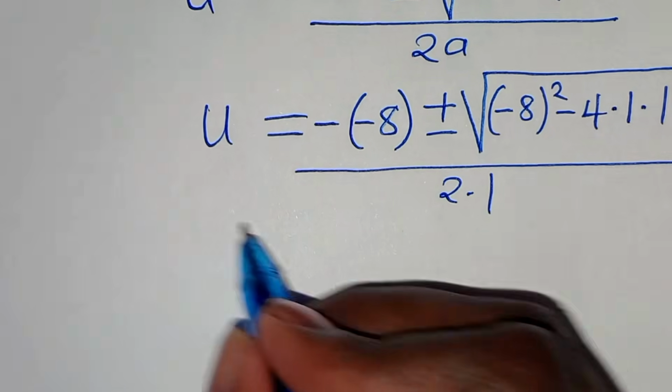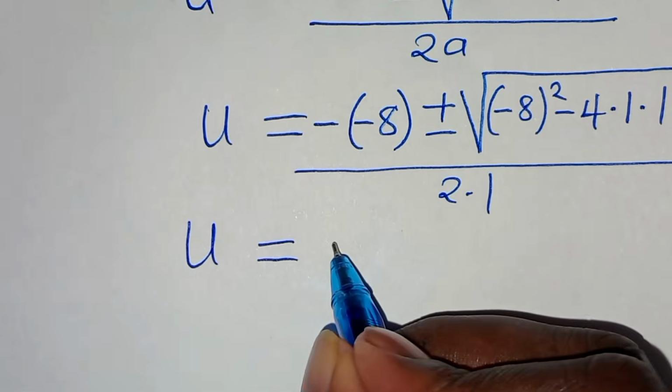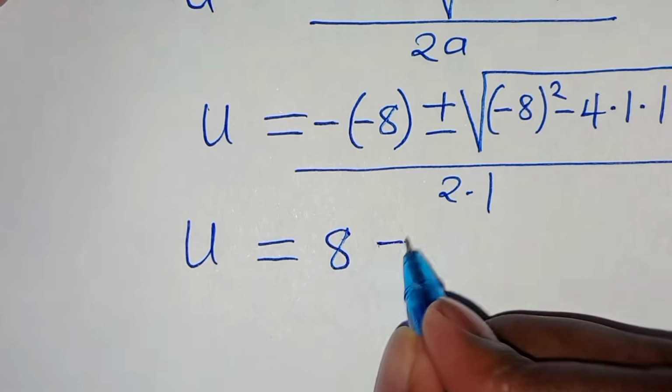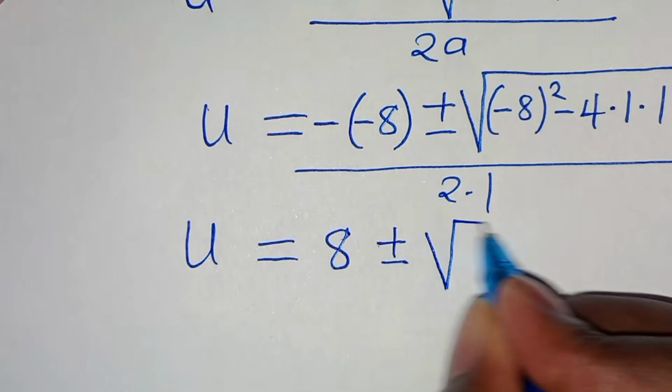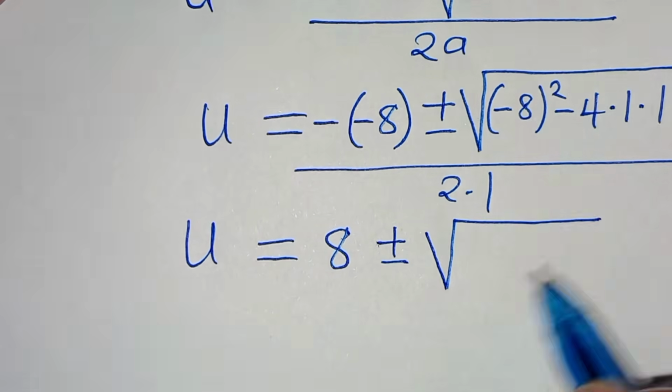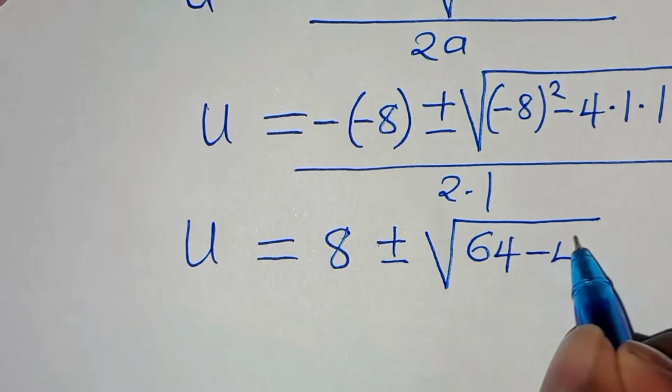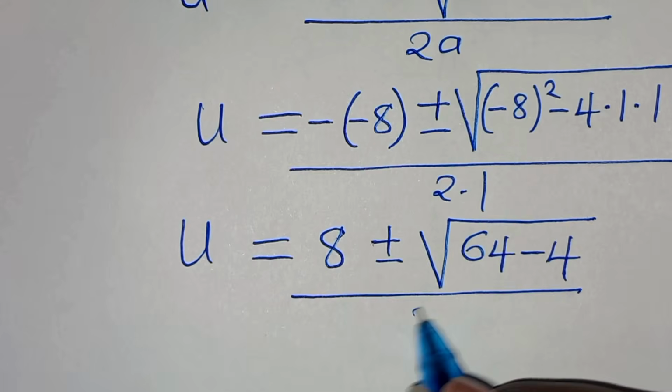So u is equal to minus times minus 8, this is 8, plus or minus the square root of minus 8 squared, this is 64, subtract 4, everything divided by 2.